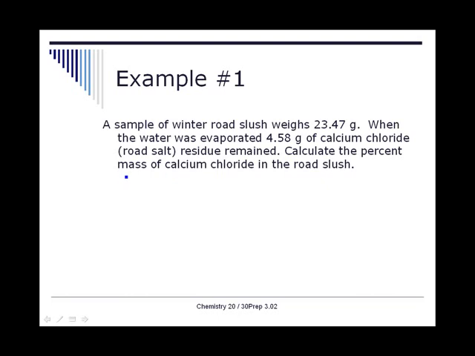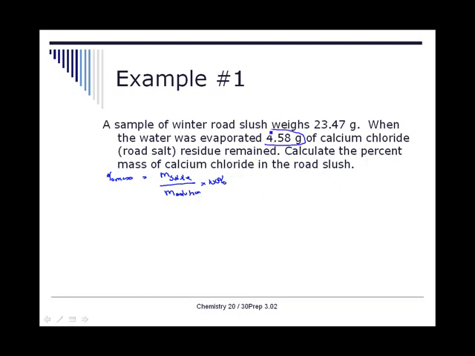So the first thing we'll do is write down our formula, and percent mass is equal to the mass of solute divided by the mass of the solution times 100%. We have two masses here.